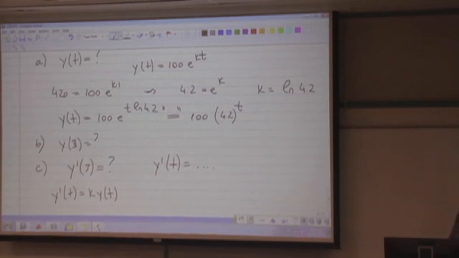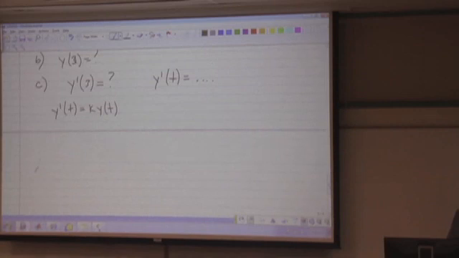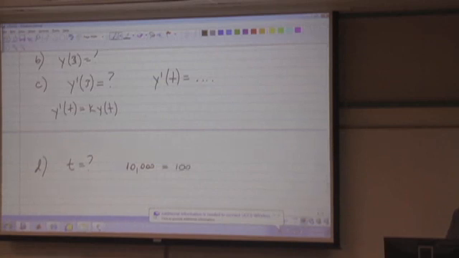Okay. Part D. When will the population reach 10,000? So we need to figure out what t is, right? In the equation, 10,000 equals 100 e to the ln of 4.2 times t.